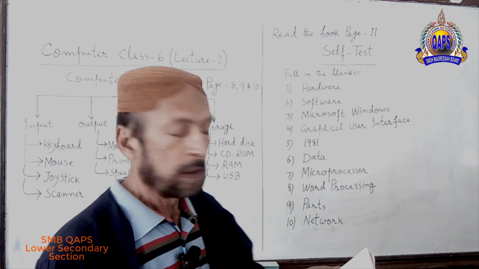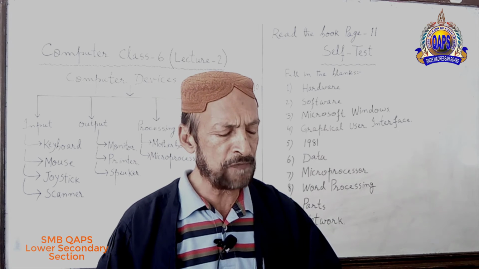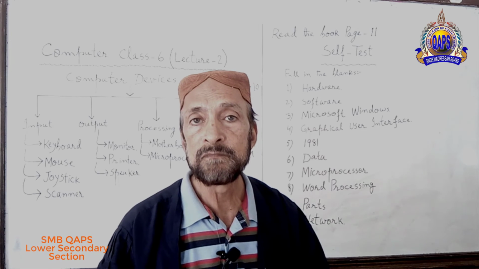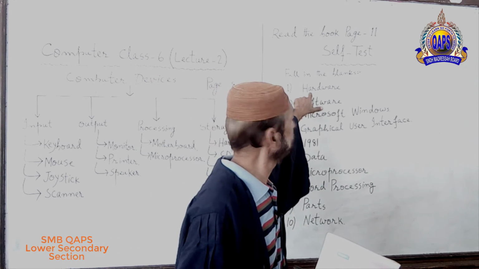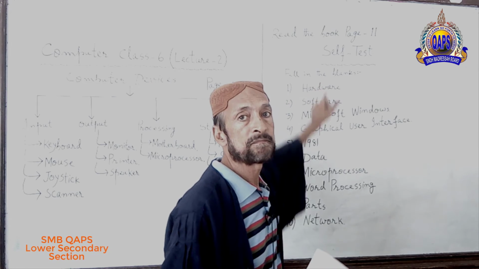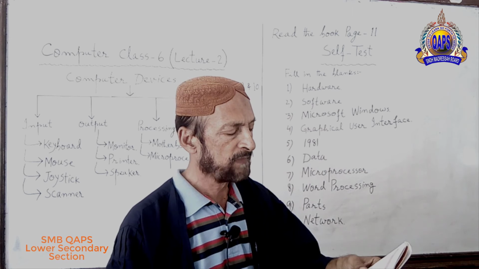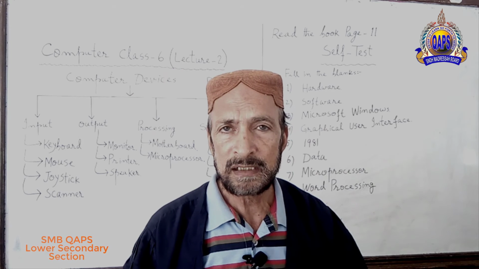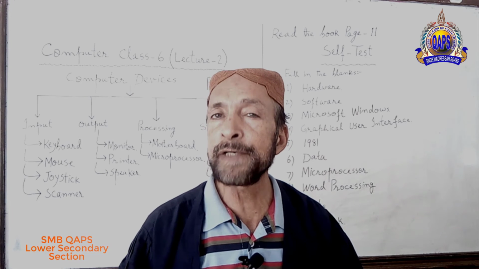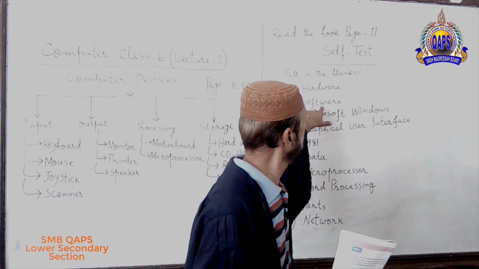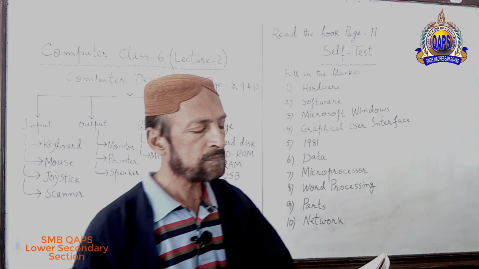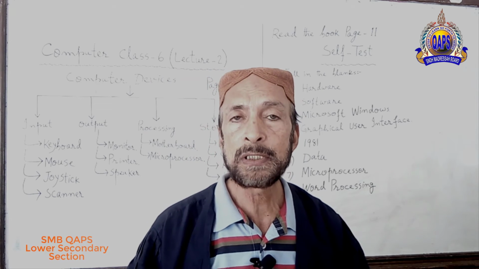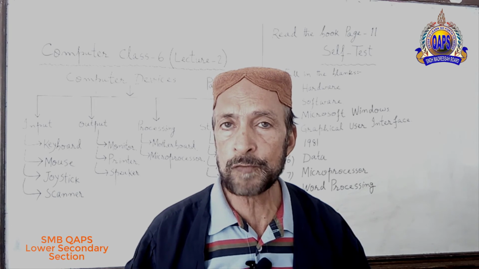Number 1. The physical things which we can touch or see are called dash. Hardware. Number 2. A computer is the combination of hardware and dash. Software. Number 3. The most common operating system is dash. Microsoft Windows.